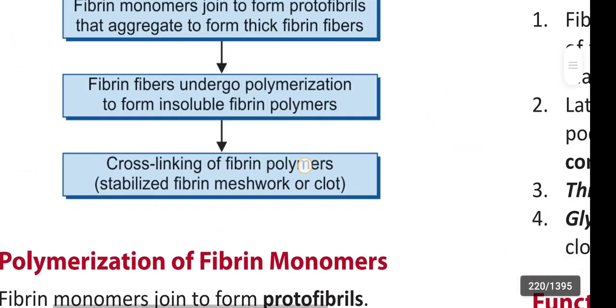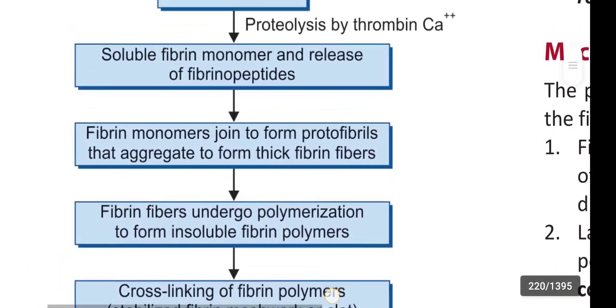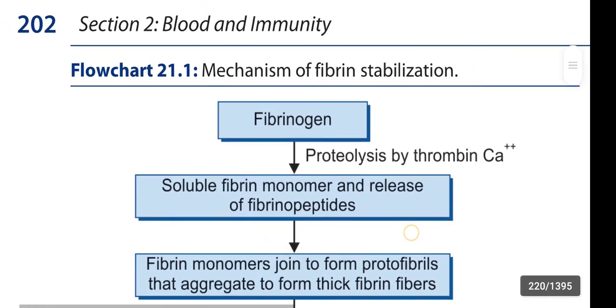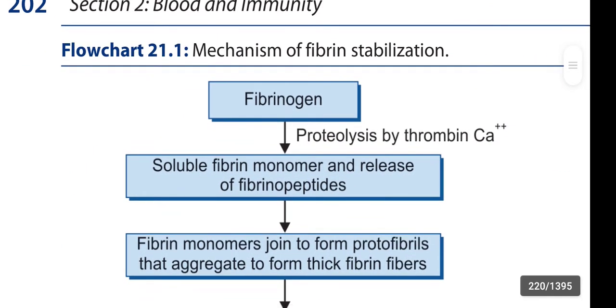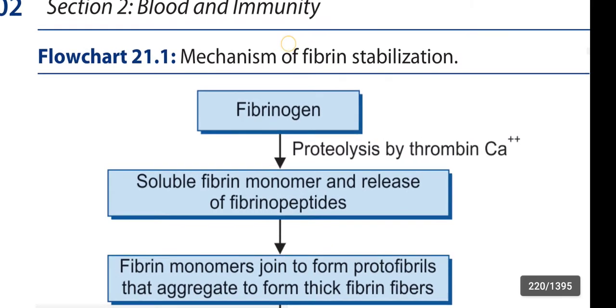Coming to the flow chart, this flow chart shows the mechanism of fibrin stabilization. First, fibrinogen undergoes proteolysis by thrombin and calcium to form soluble fibrin monomer and release fibrinopeptides.